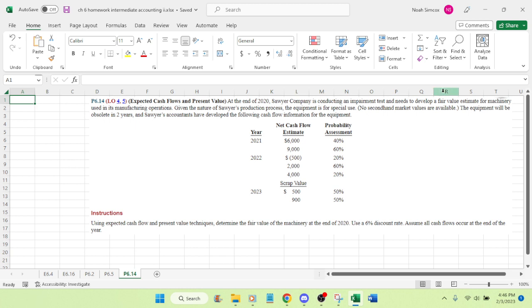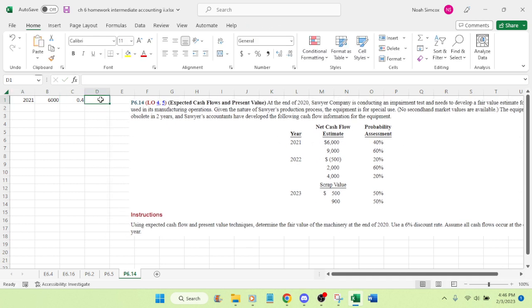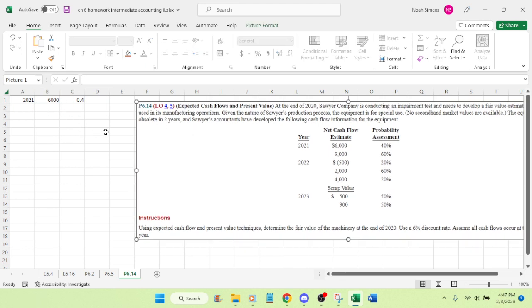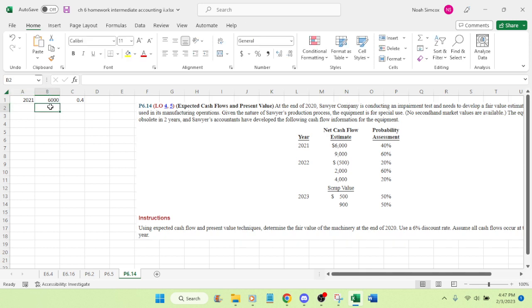We need to create a table with all these numbers in it, because we need like 6,000 times 0.4, and then that is going to be equal to something. And then the total will be a certain thing.